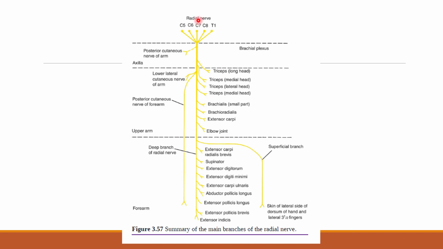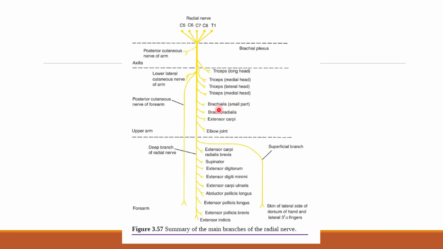Now the radial nerve comes from C5, C6, C7, C8 and T1. It gives the posterior cutaneous nerve of the arm, supplying the posterior cutaneous area of the arm. Then in the arm, it supplies the triceps muscle because it is the main nerve of the posterior compartment of the arm and the posterior compartment of the forearm.